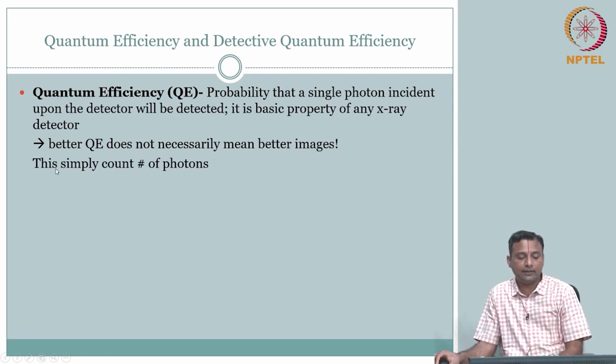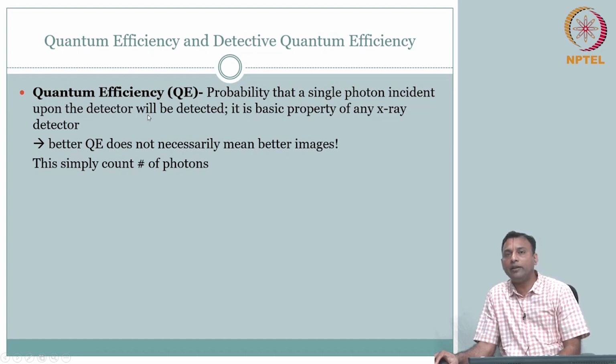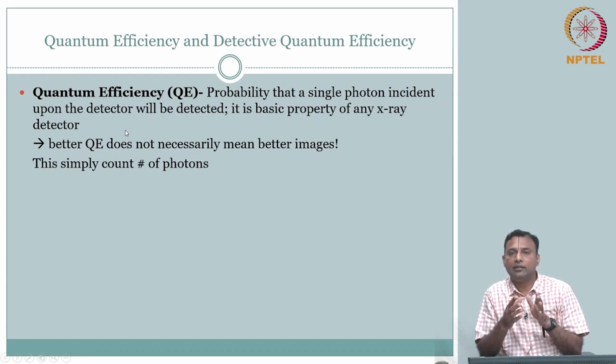What QE does is simply count the number of photons. If there is a fluctuation in the number of photons, you will see the fluctuation. So this is important, but it does not fully capture performance. I need some way to say that introducing this detector is not spoiling anything further.